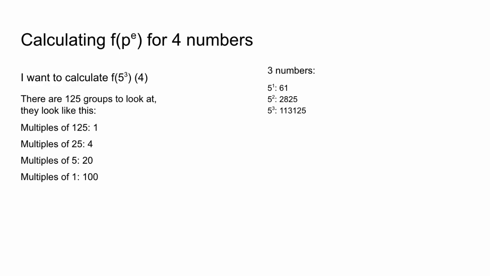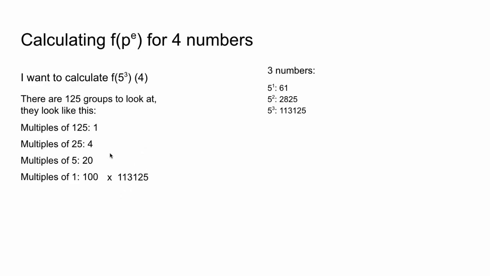So I want to do the same thing here. I'm going to ignore the first number and I'll treat the last three numbers like a problem that we did before.